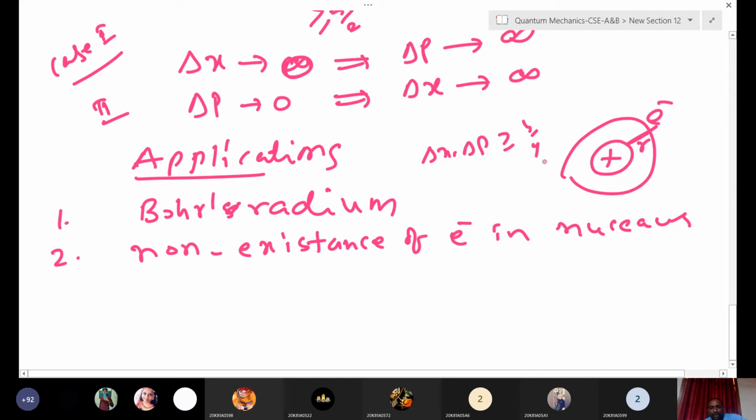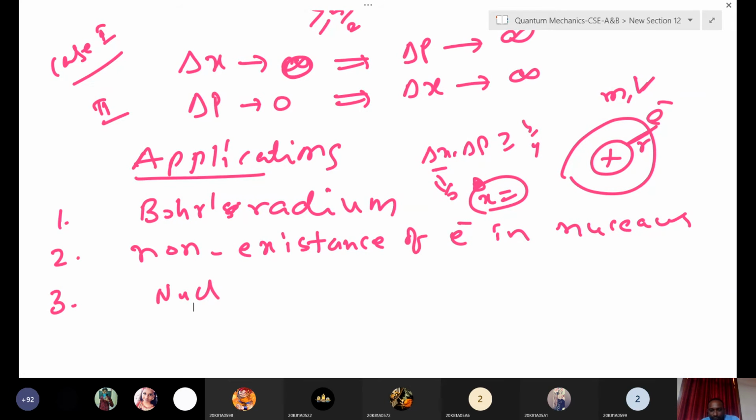Suppose electron is in the nucleus, the position will be 0, so it is not staying at that position. The electron also has some velocity and momentum. Using this formula, you can estimate the position x, how much distance this electron is revolving around the nucleus. From there you can say electron will not exist in the nucleus, and also you can estimate the Bohr radius.